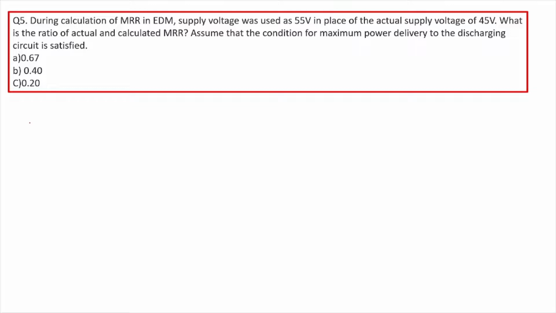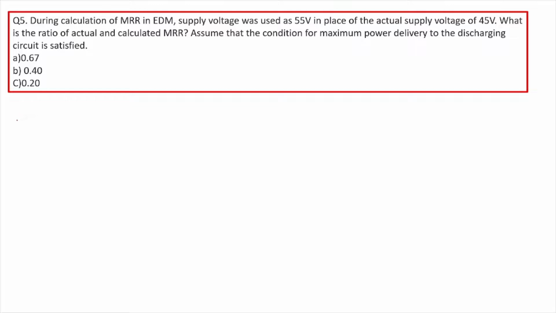Okay, now we'll solve one numerical. During calculation of MRR in ATM, supply voltage was used as 55 volt in place of the actual supply voltage of 45 volt. What is the ratio of the actual and calculated MRR? Assume that the condition for maximum power delivery to discharging circuit is satisfied.